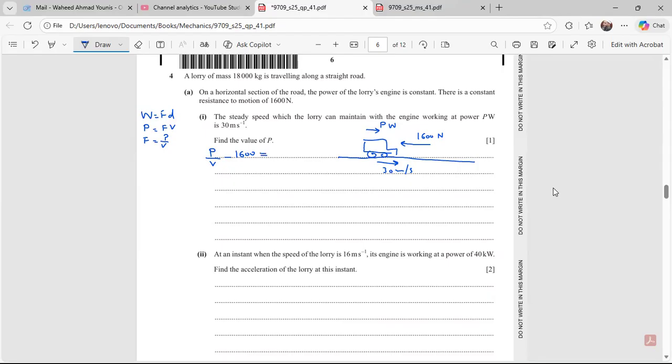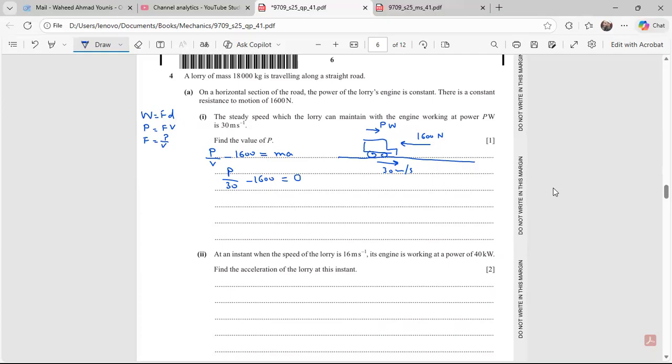So this is equal to mass times acceleration. Now, if I apply this equation on the current situation, power is P, we do not know it exactly, and V is given as 30, minus 1600 equals, now there's no acceleration, remember, this is going with a steady speed. So this part is 0.